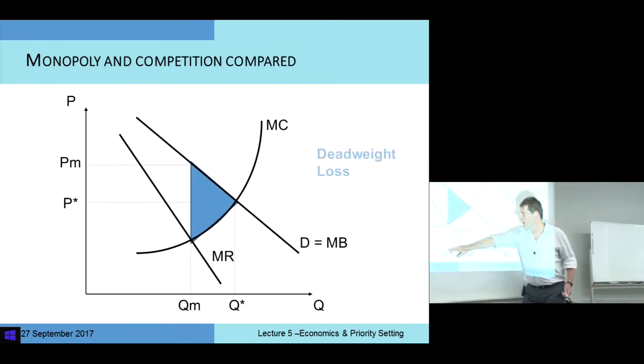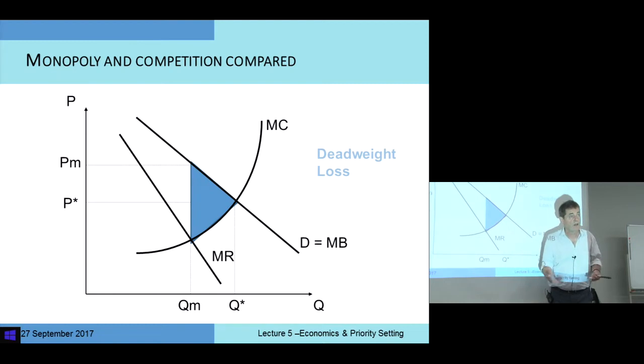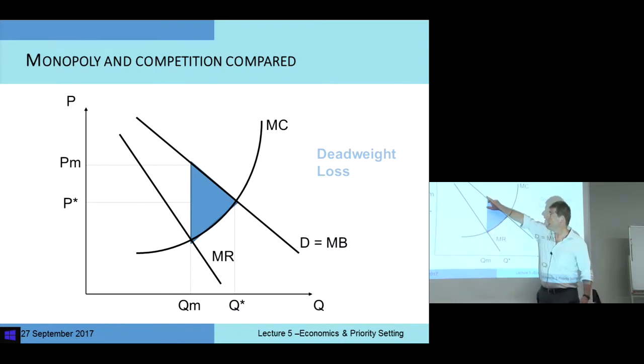So at the point the monopolist chooses, the marginal cost to society, the goods, the time, the inputs that are used up to produce the next unit, is given by this amount here. The marginal benefit, the next consumer who gets a unit, values it up here. And so that's why it's a bad allocation from society's point of view.